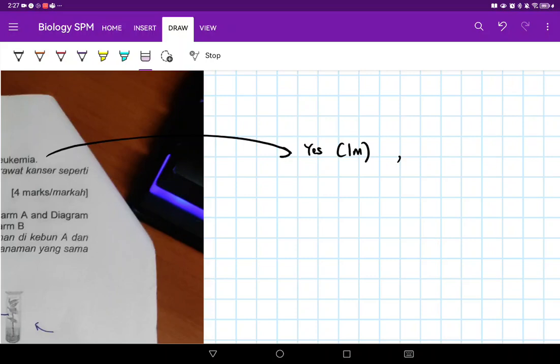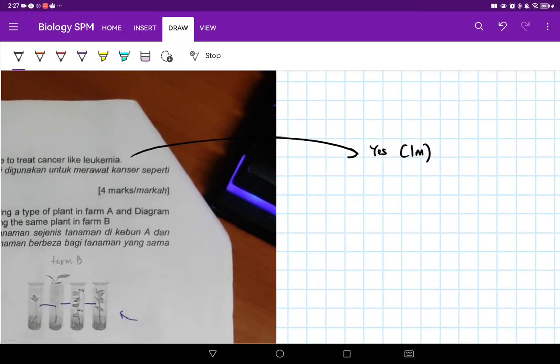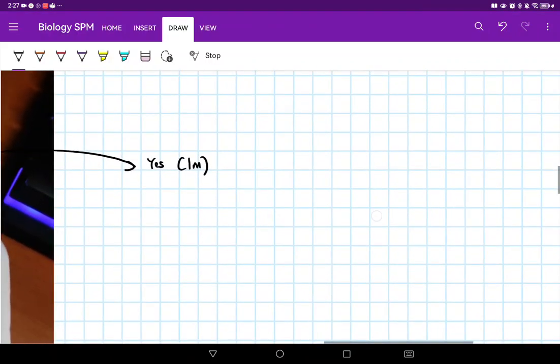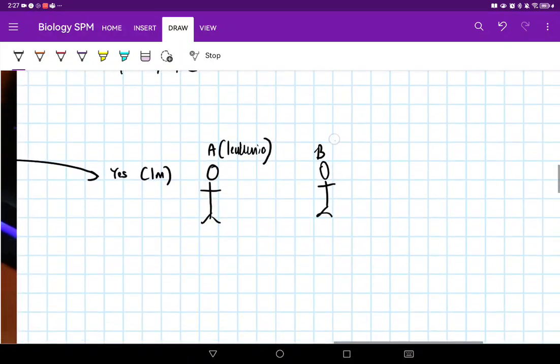So in this case, we all know that stem cell therapy actually can help treat leukemia. How does it treat leukemia? All right. So this is person A. This is person B. Person A has leukemia. Person B is healthy.